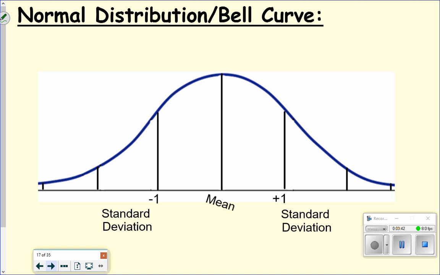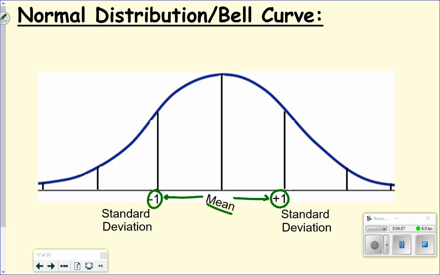Now, underneath the first bars, +1 or -1. What this is telling us is, here's our average, and if I go 1 standard deviation above the average, I'm at this bar. If I go 1 standard deviation below my average, I'm at this bar. I will give you a more realistic situation in a minute.